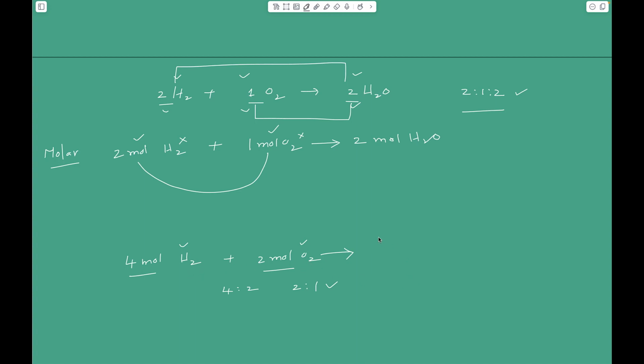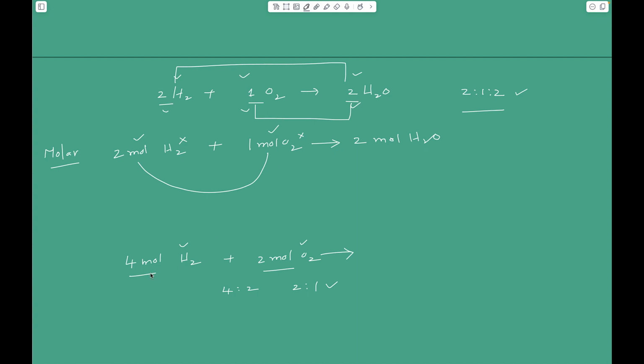So we can figure out the amount of water by using a relationship between the number of moles of oxygen and water or the number of moles of hydrogen and water. Now, using the number of moles of hydrogen and water, what answer do we get? If you take 2 moles of hydrogen, you would get 2 moles of water.